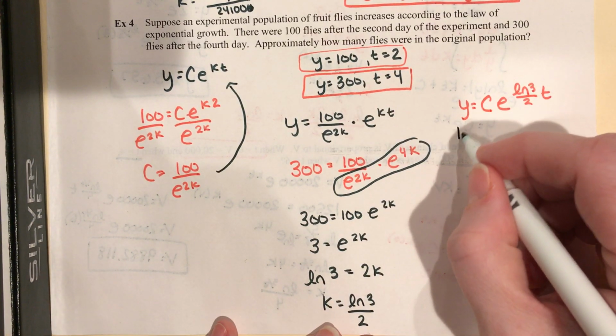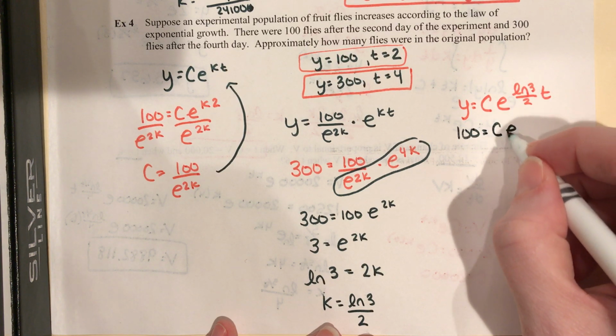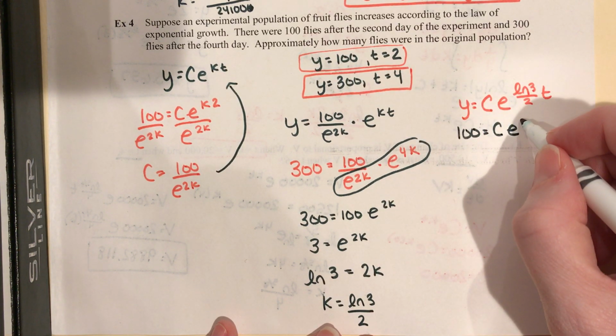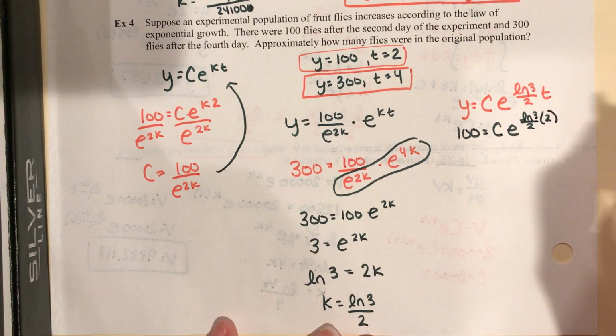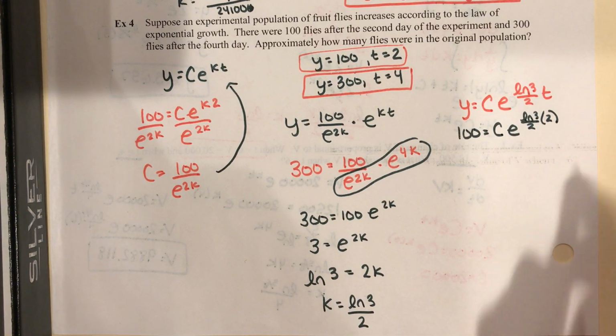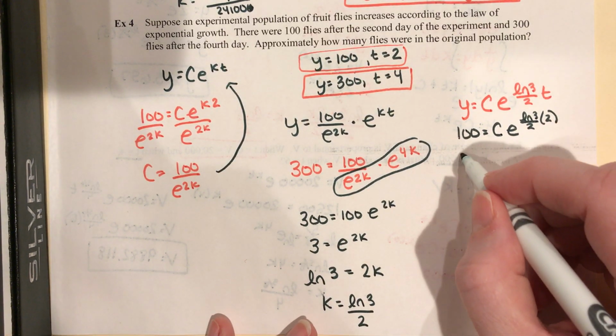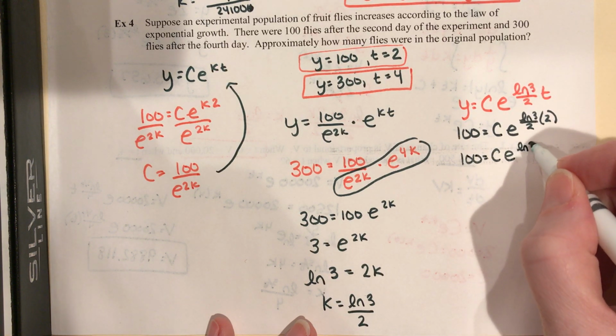So y is 100. I'm going to replug in that 2 for t. And it looks like I'll be able to solve for c. So these 2's cancel. 100 equals c e to the ln of 3.